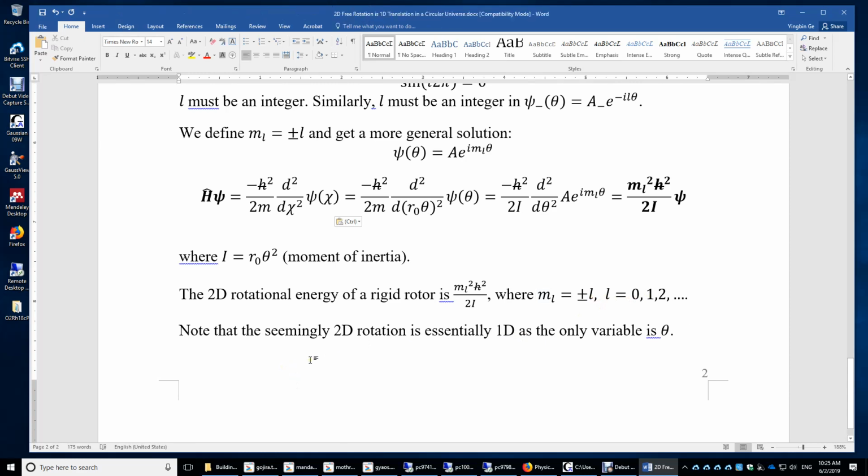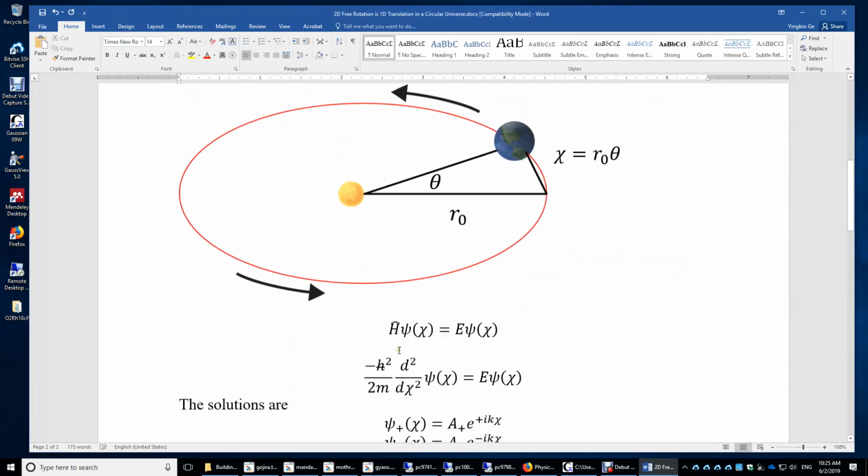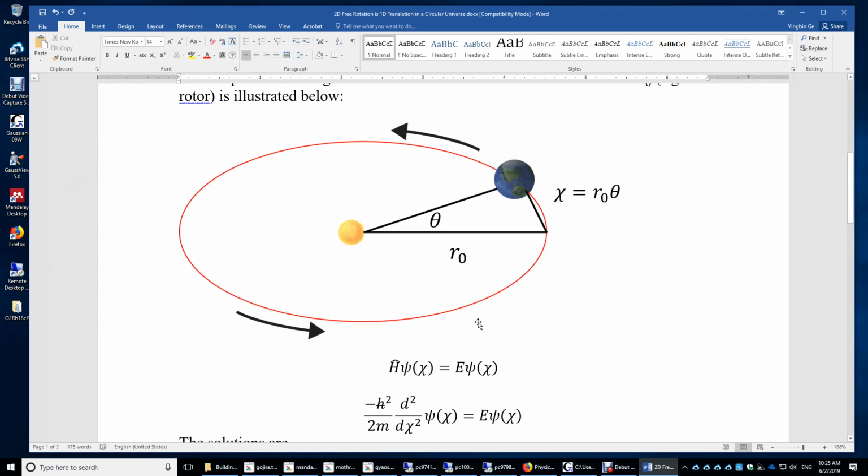And pay attention here. This rotation seems to be a two-dimensional rotation, and if we define this as x, this is y, it's a rotation on the xy plane. But in essence, this is a one-dimensional rotation because this r0 is a constant.